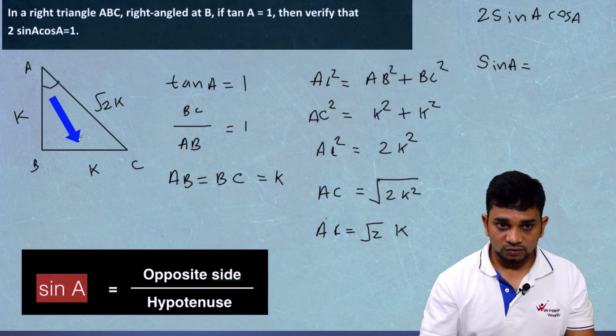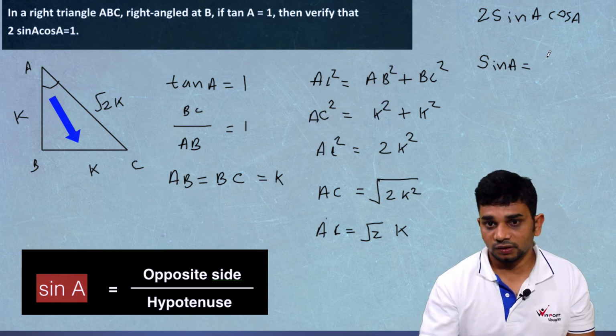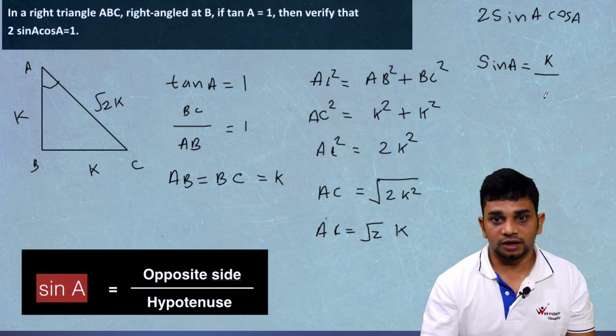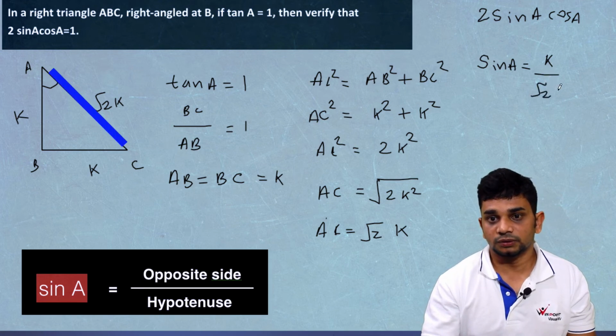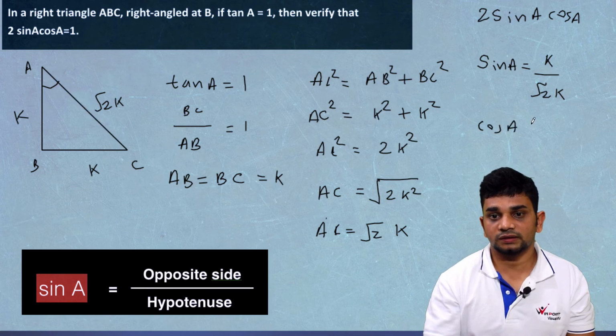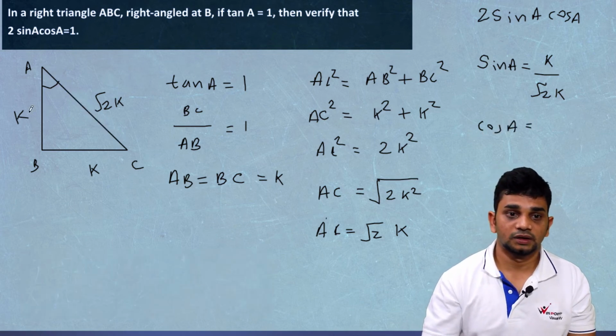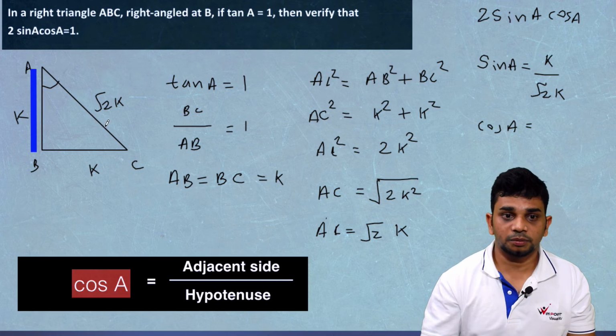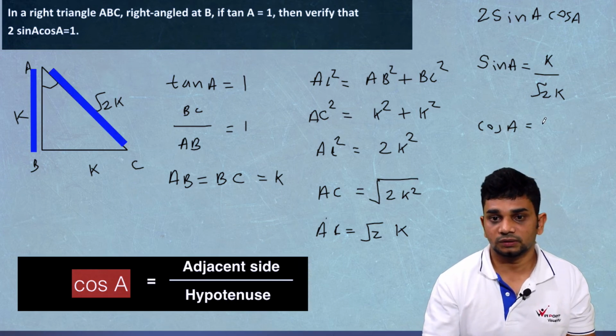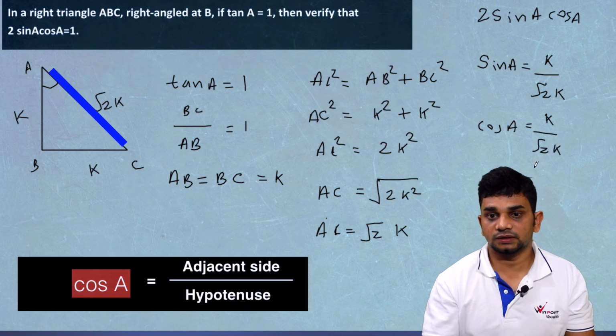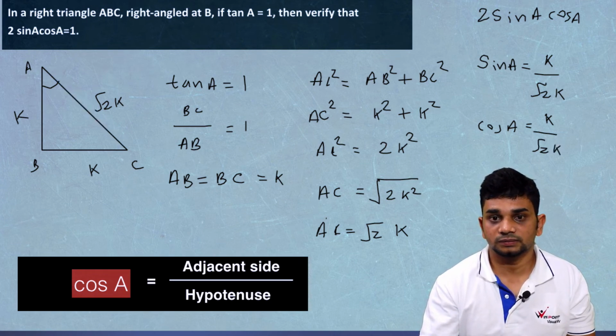This is angle A, the opposite side is K. It will be K by the hypotenuse, root 2 K. What about cos A? Cos A is adjacent side by hypotenuse. The adjacent side is K and the hypotenuse is root 2 K. So we can write K by root 2 K. We are substituting all these values.